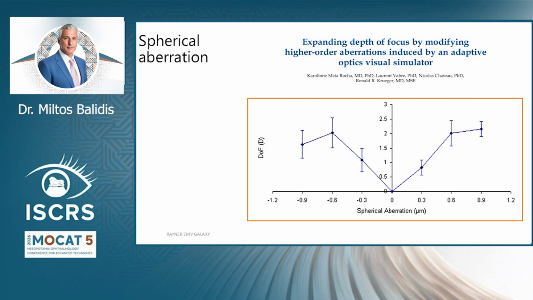But unfortunately, when we do any kind of surgery or when we're living in real life, the cornea doesn't have only spherical aberration, but a lot of other aberrations which may have an effect on the final result. Also, we have to consider the Stiles-Crawford effect.